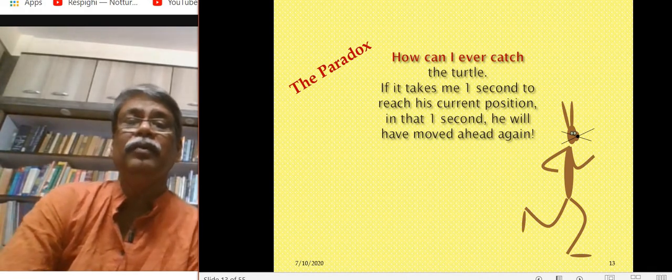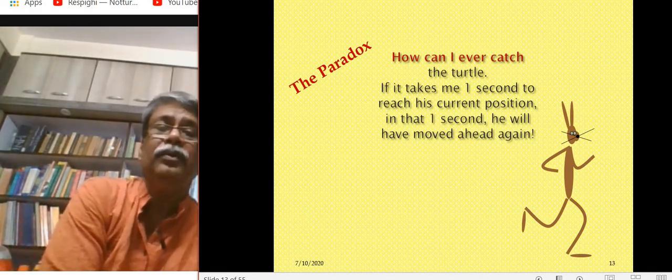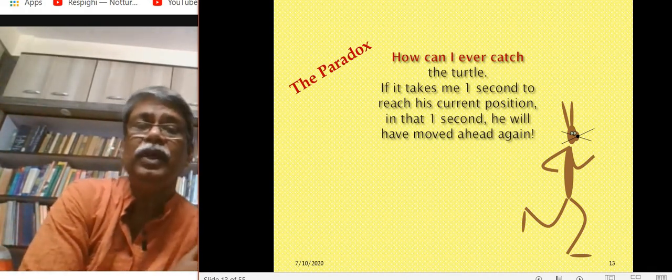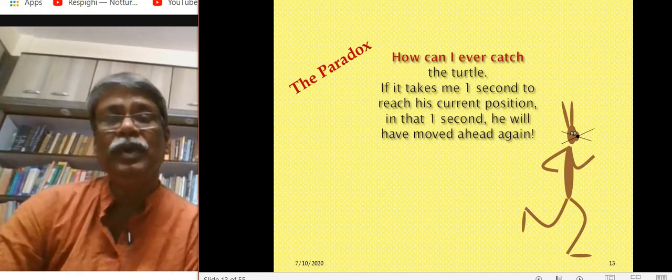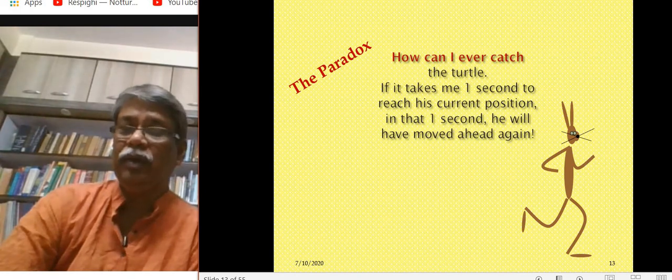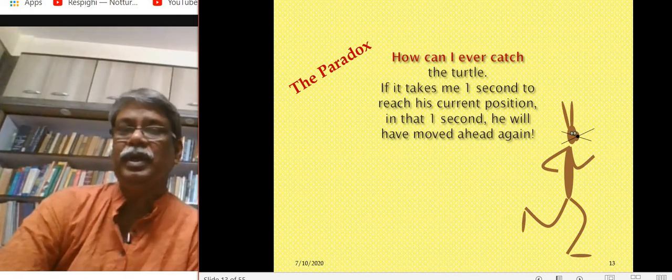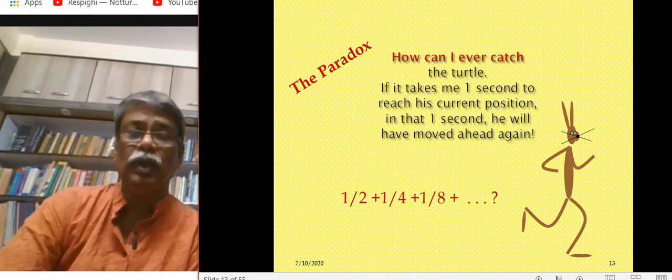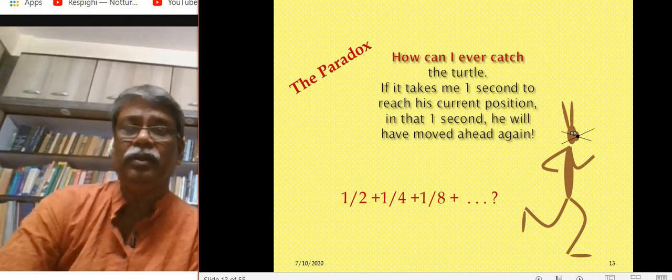How can I ever catch the tortoise? As it takes me 1 second to reach his current position, in that 1 second he will have moved ahead again. So I would never be able to catch the tortoise. And the total distance covered is half mile ahead to start with, and then 1/4, and then 1/8, and so on. But it will never be ending, right?